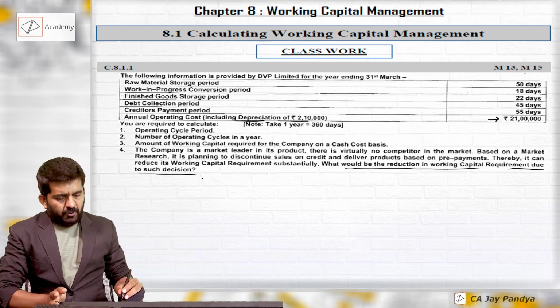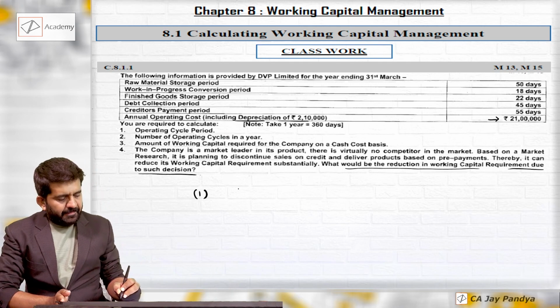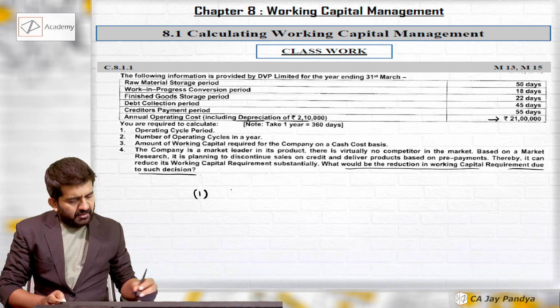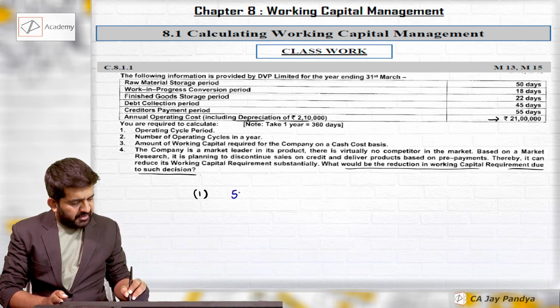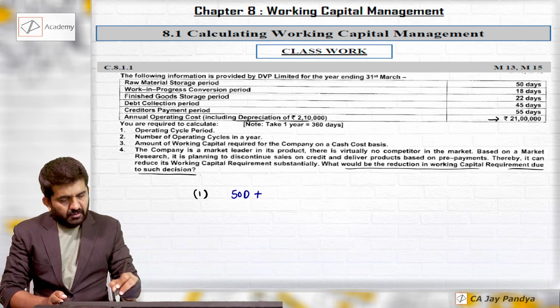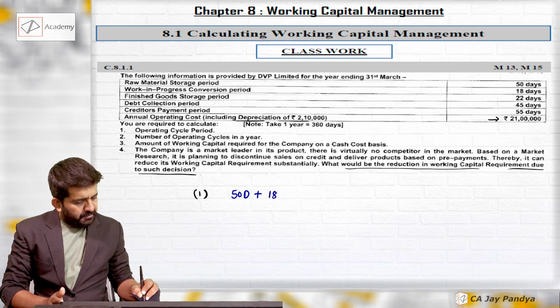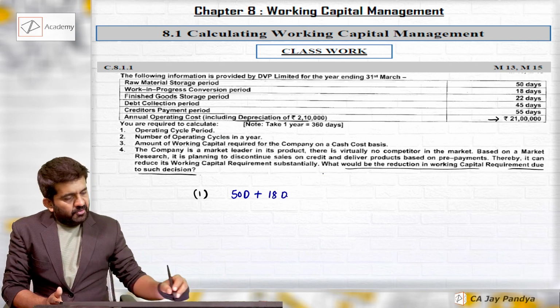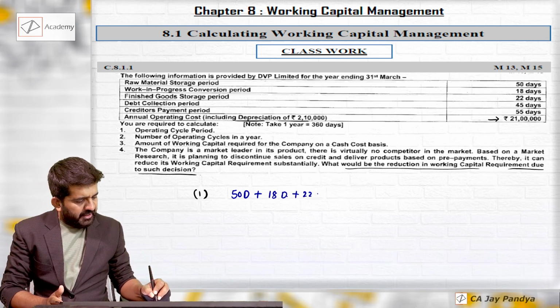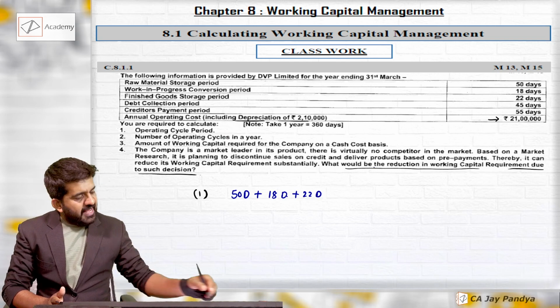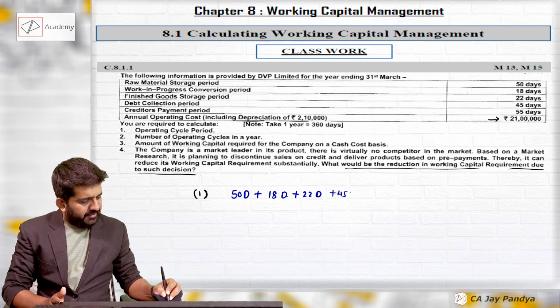First, let us find out working capital cycle. What is raw material storage period? 50 days. Work in progress conversion period 18 days. Finished goods storage period 22 days. Debt collection period 45 days.